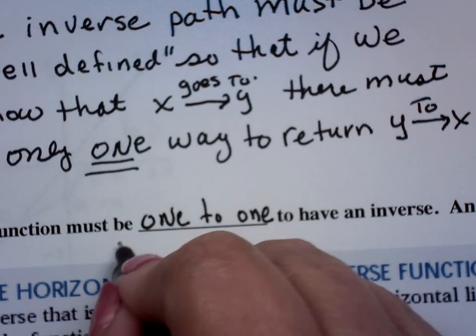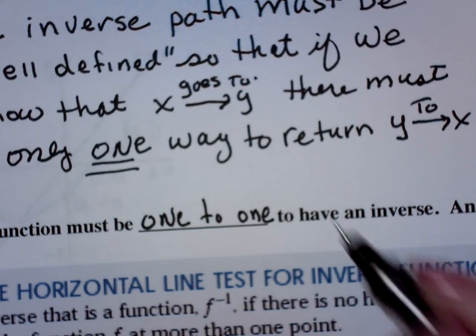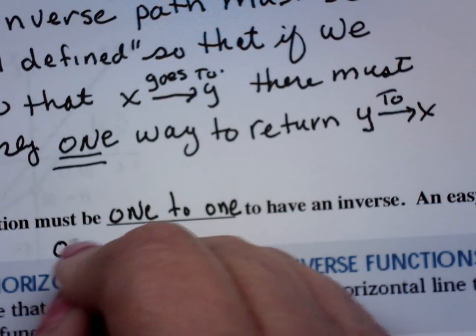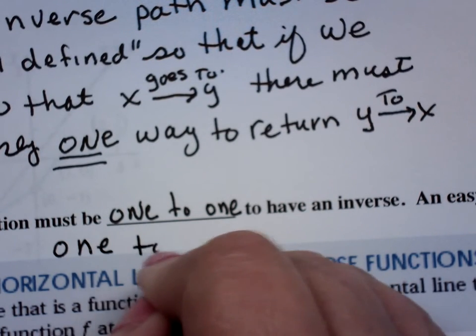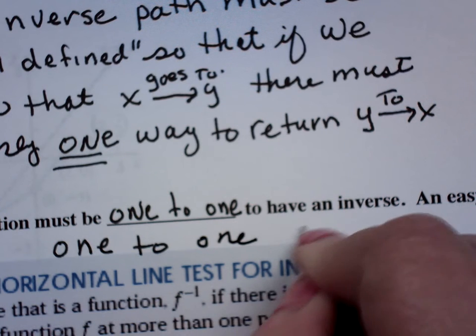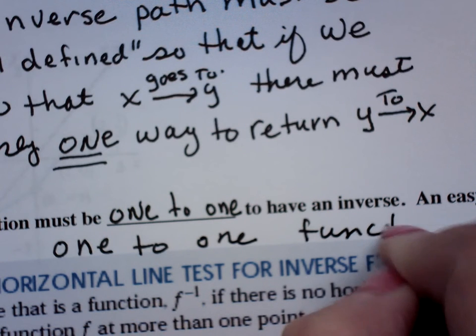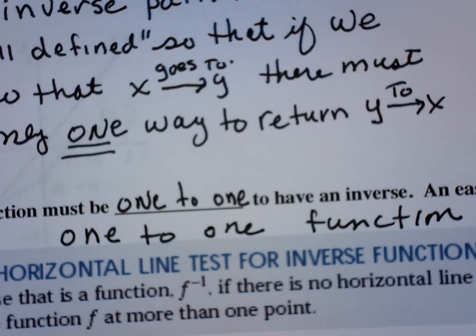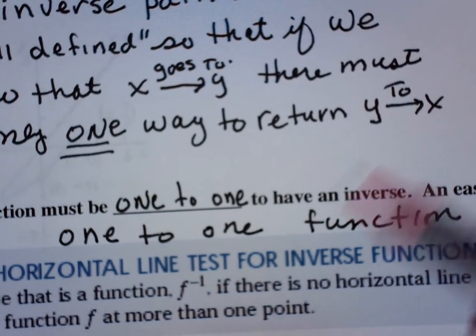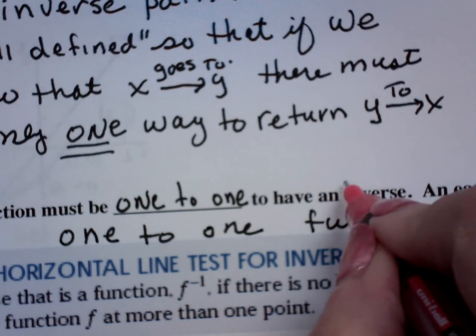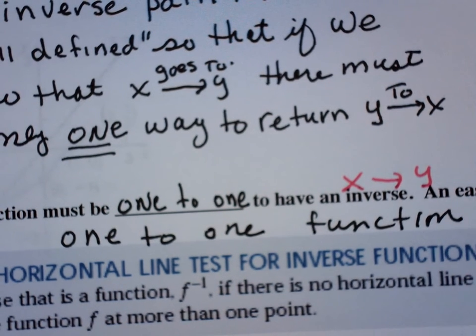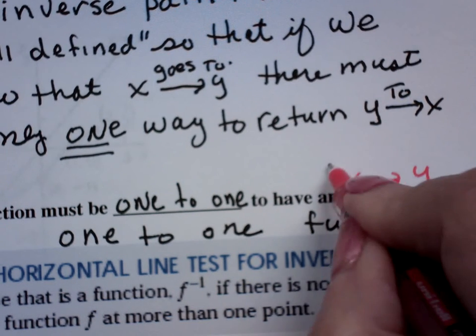We're talking about a 1 to 1 function. I need some space. And they say, well, that doesn't make any sense. Well, it does. A function goes from x to y. 1 x to 1 y.